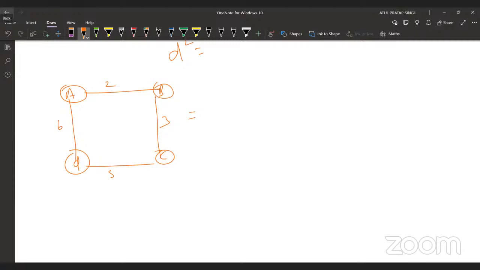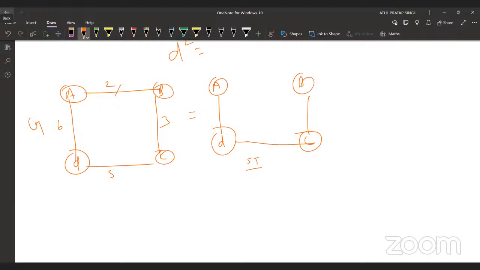So for example, if we remove this edge from this graph, after that we cannot remove any other edge from the graph. After removing this 2, we will get this A, D, and B, and C. Okay, so this is the original graph, and this is called a spanning tree.